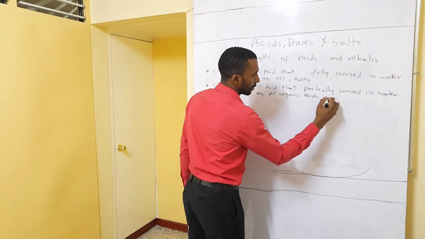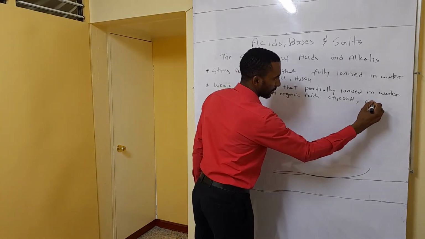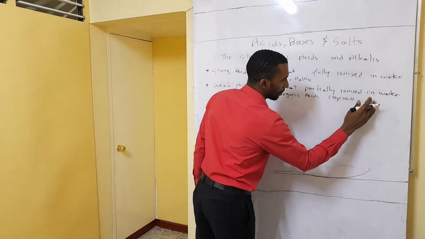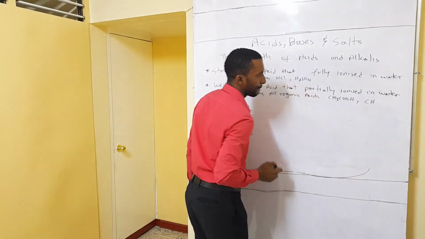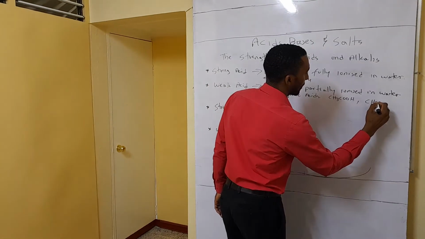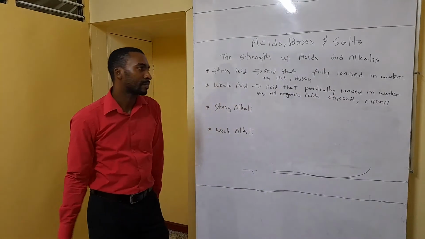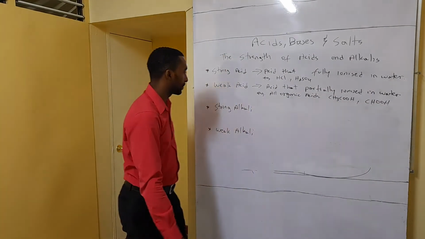So ethanoic acid, methanoic acid, CH3COOH and HCOOH. Alright. This is ethanoic acid, methanoic acid, right?